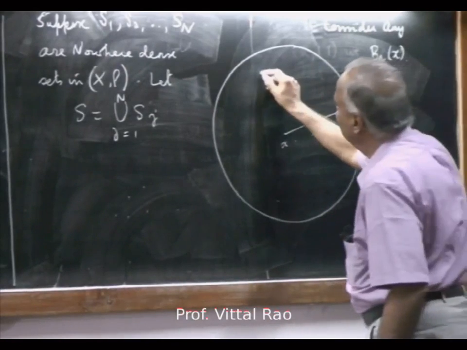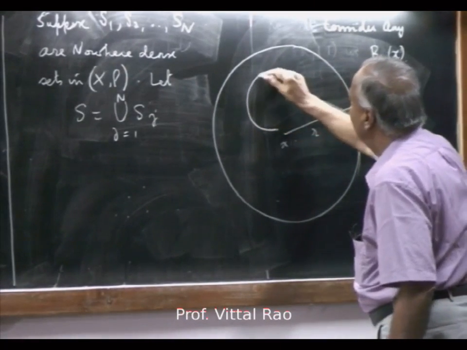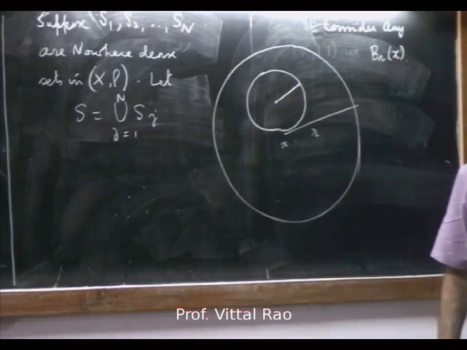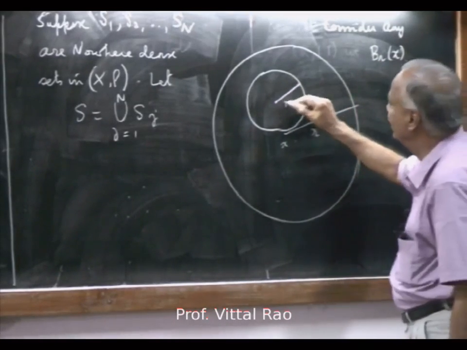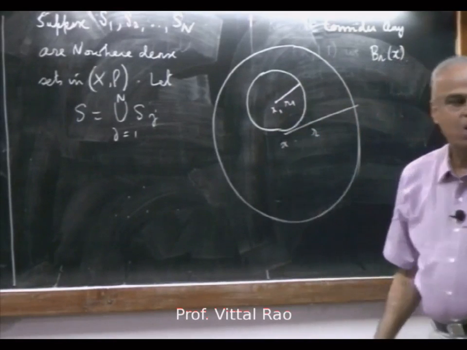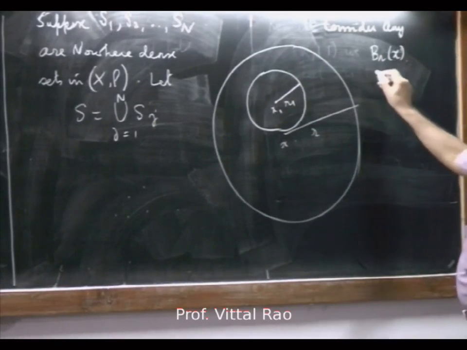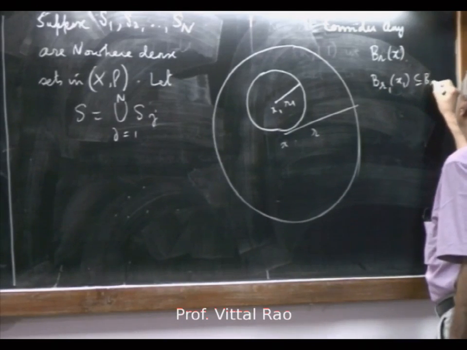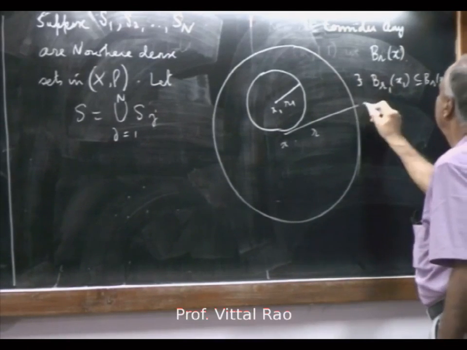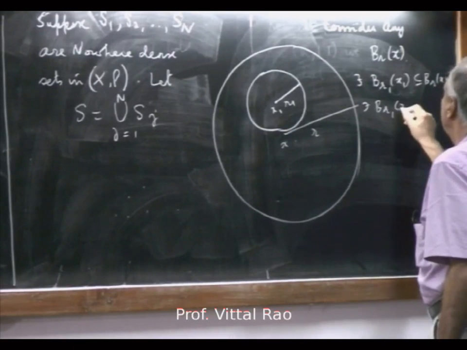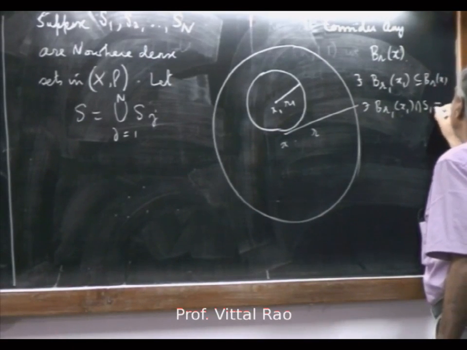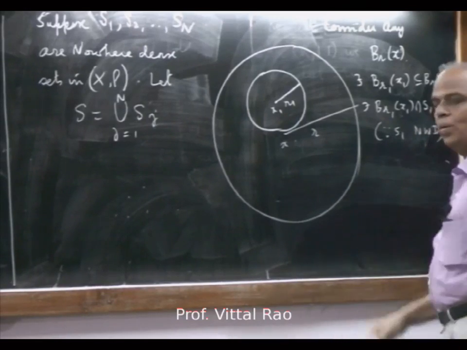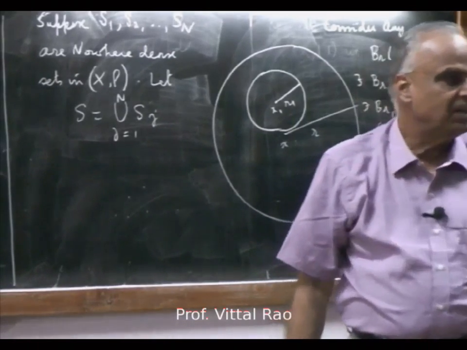Inside this I have an open ball which avoids S1. So there is a B_{r1}(x1) which is contained in B_r(x) such that B_{r1}(x1) intersection S1 is empty, because S1 is nowhere dense, right.